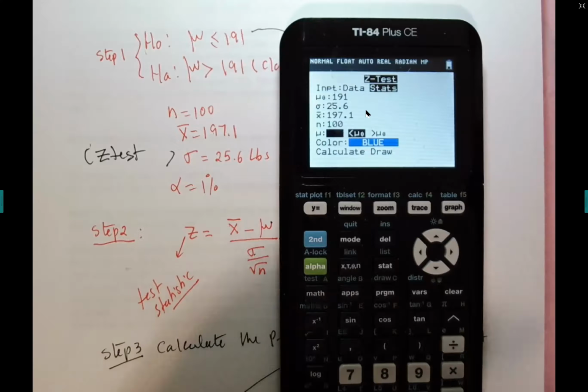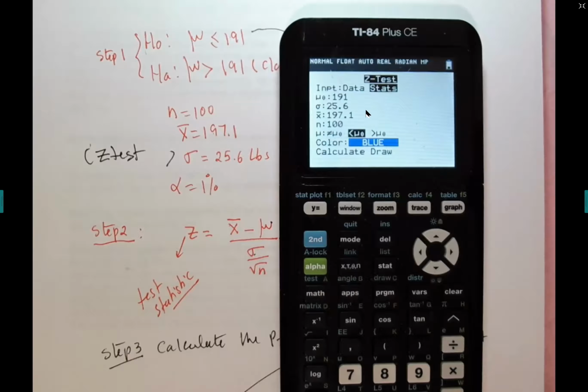Can someone guess what the program wants before we hit calculate? They want the claim. No. They want the alpha. They want the alternate hypothesis, exactly. We don't care where the claim is. The program wants the sign from the alternative hypothesis.